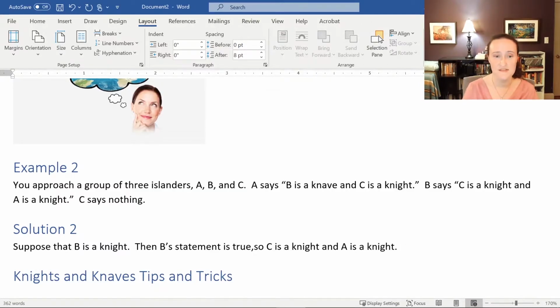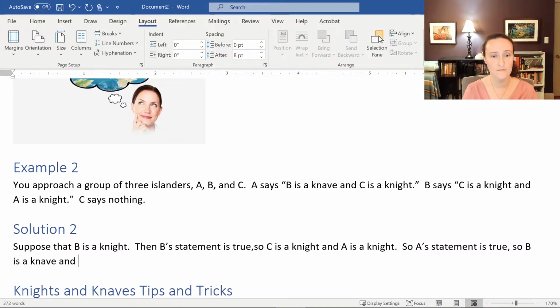He also said C is a knight, but C doesn't have anything to say, so I can't really use that. But now I have that A is a knight, so A must be telling the truth. And A's statement being true means that I can just use A's statement. Okay, now I found something that doesn't make sense, right? I supposed that B was a knight, but now I found that B is a knave. That doesn't make sense.